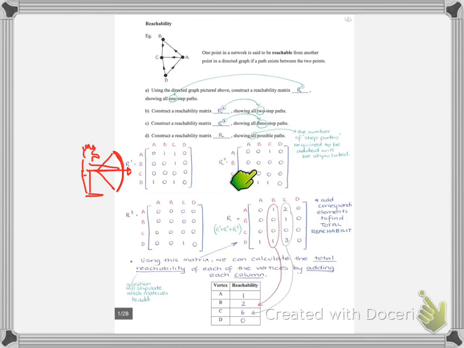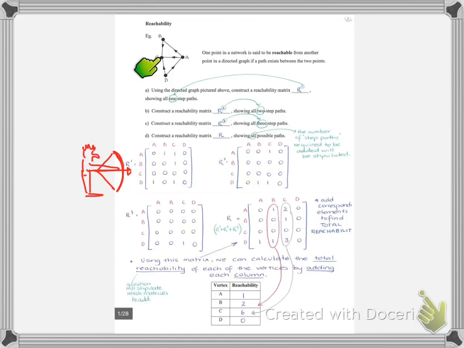Now for the 2-step reachabilities, you'll notice that there are a lot of zeros in here, not as many ways we can reach in 2 steps. If we look at one of them, up here, we can see that if we were situated at A, we're able to reach C in 2 steps, and there is one way of doing that. So we can reach C from A in 2 steps.